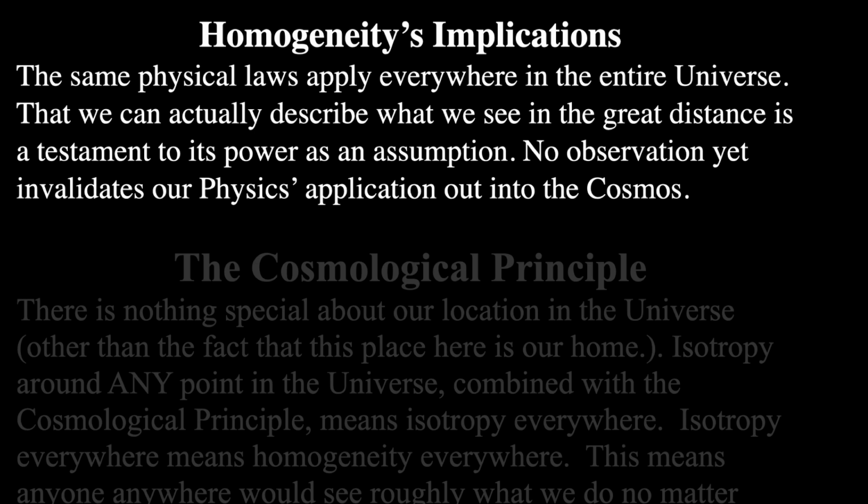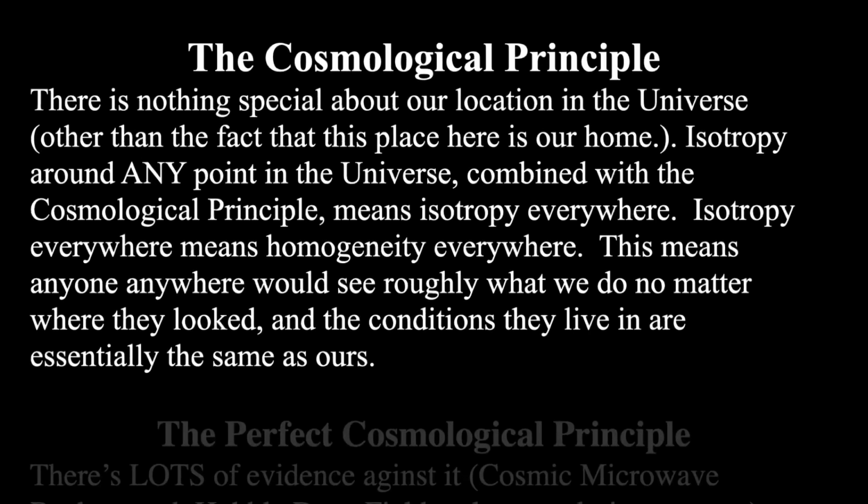This leads us to the core central idea of all cosmological study, and this is the cosmological principle. We're going to first start with the Copernican principle that says that there's nothing special about our location in the universe, other than the fact that this is the place where we call home and where we live.